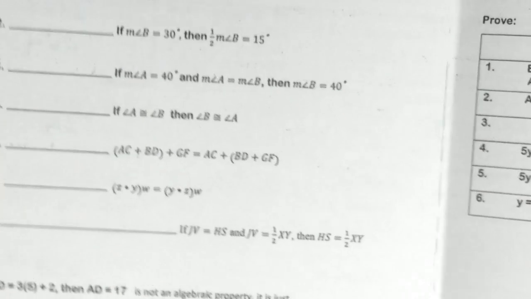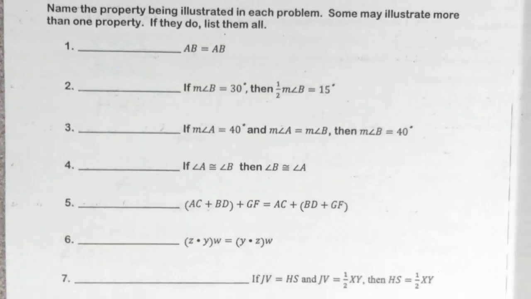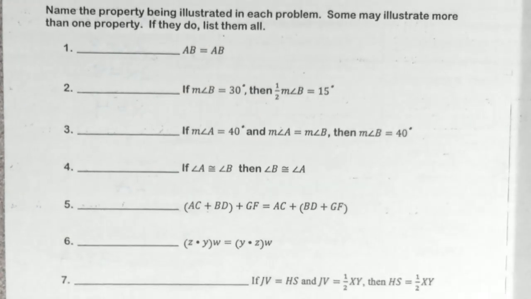What did you say? Yes. Say it louder. Is that one that what? That one, what are they doing to both sides on that one? 1 through 7. You're doing 1 through 7.